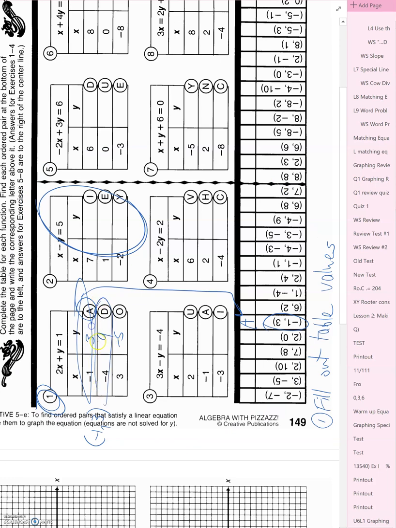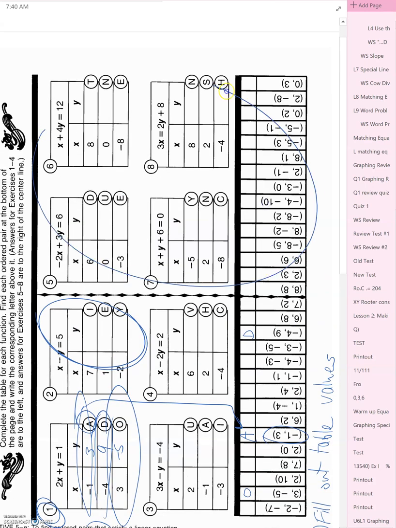So -4, 9 is a D. -4, 9 is right here, so I put the letter D. And the last one, 3, -5 is O. There we go. All right, and then these 4 will be the points over on this section there. Okay, so watch out for that line that's right in the middle. This line is dividing up your answers just so that they're easier to find.